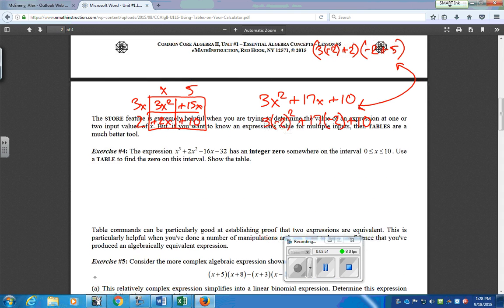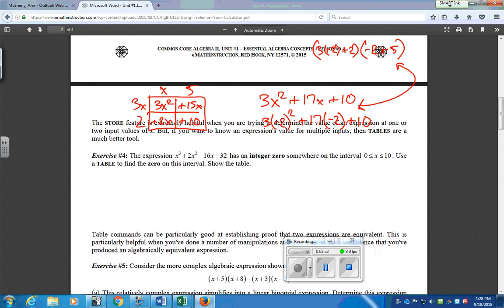Now, the last one we're going to look at talks about a zero. So it says this expression has an integer 0 between 0 and 10. So somewhere on the table between 0 and 10, all the way down to 10, we're going to have a y value that's going to be 0, which means it's going to cross that at that position.